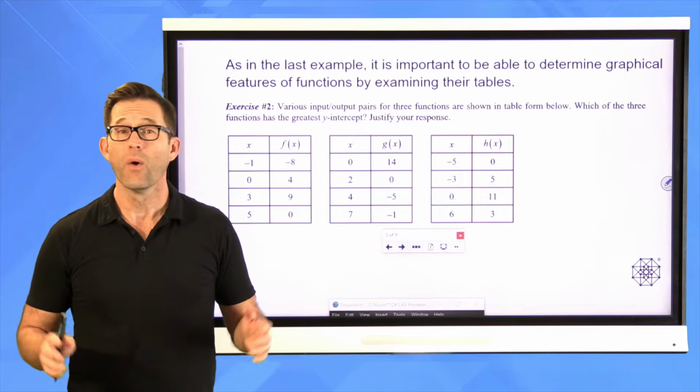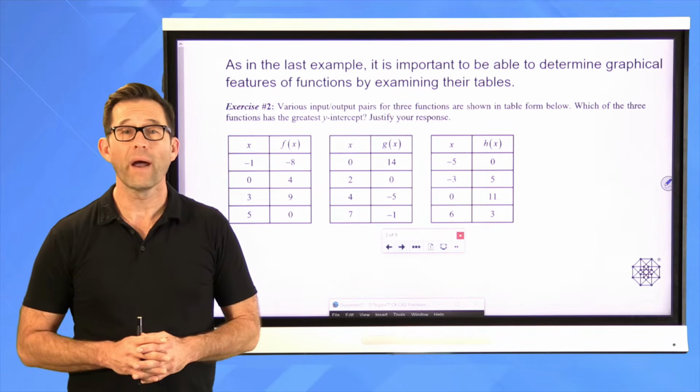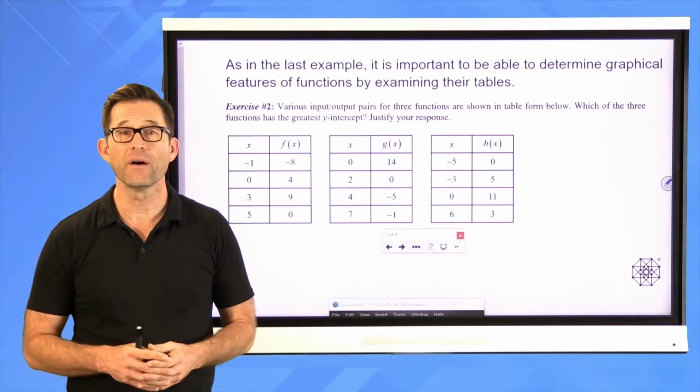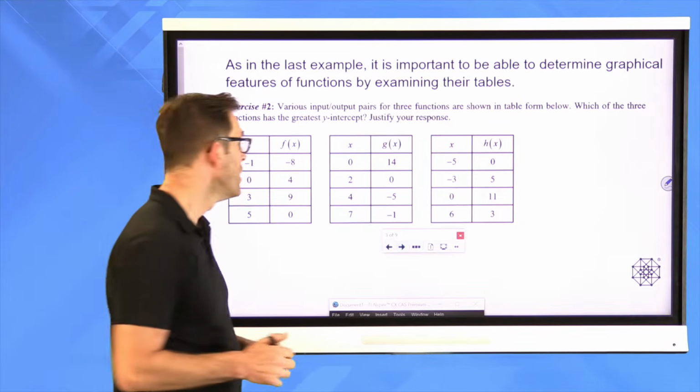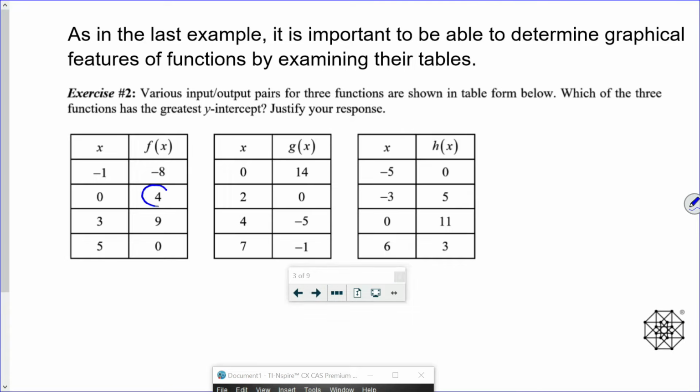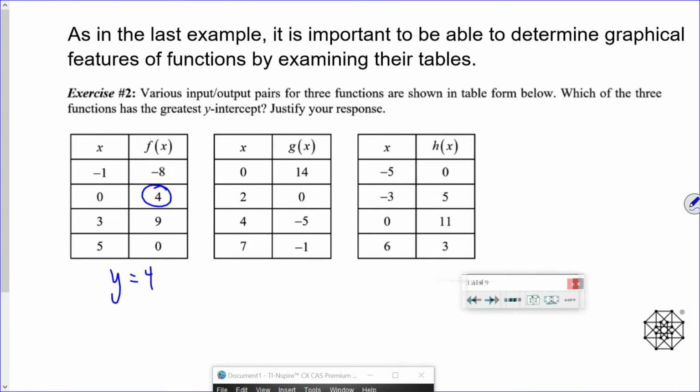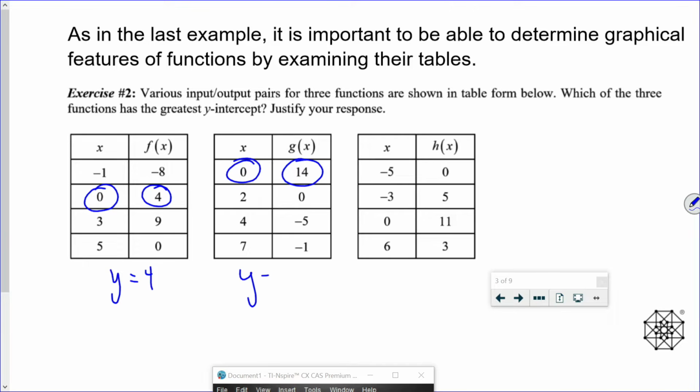All right, well, as we just talked about, the y-intercept is the output of the function when the input, or the x value, is 0. So for f of x, the y-intercept is equal to 4. For g of x, the y-intercept is equal to 14. And for h of x, the y-intercept is 11.